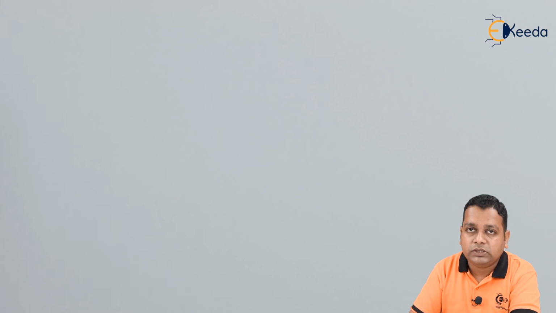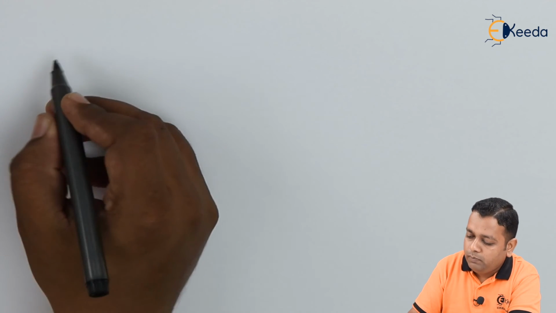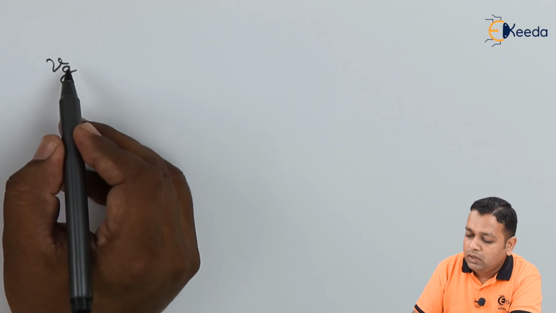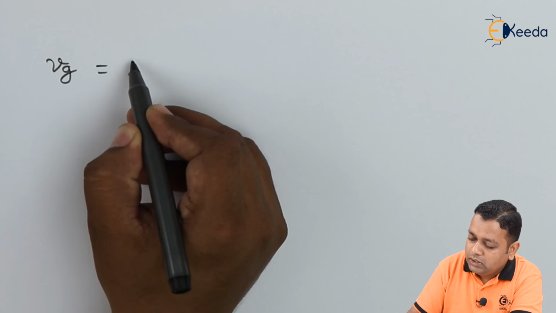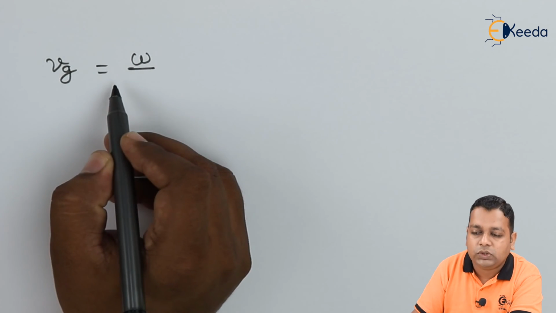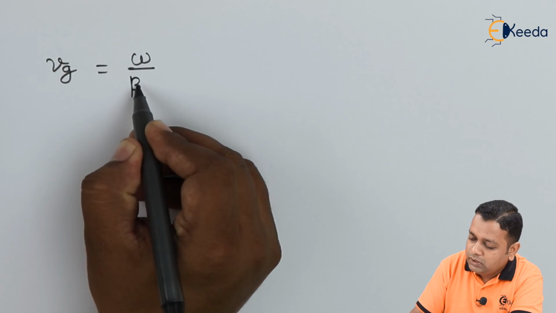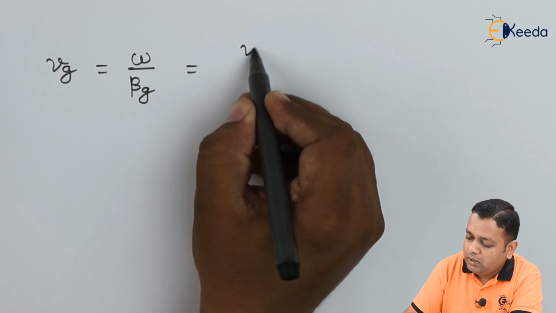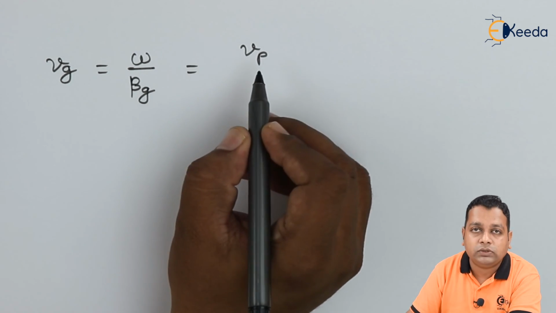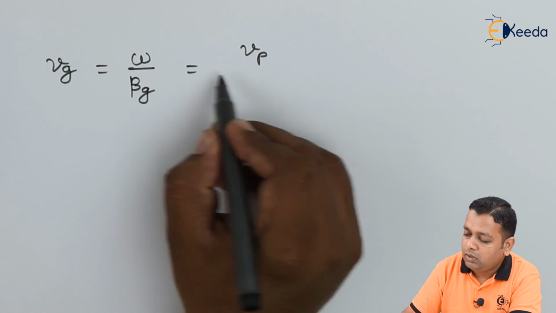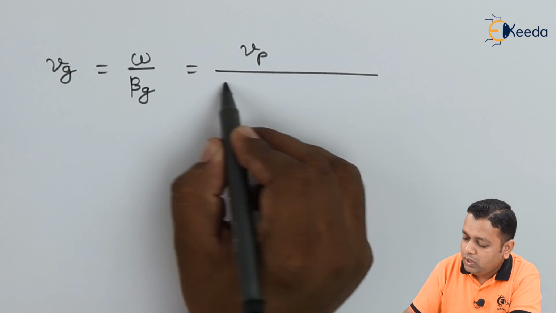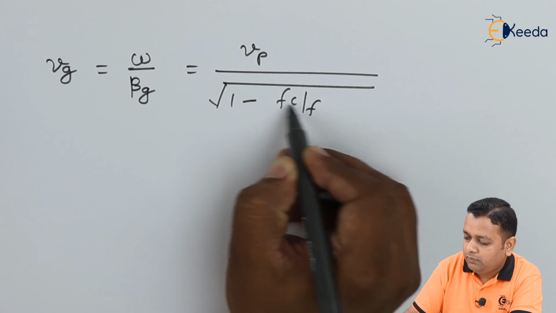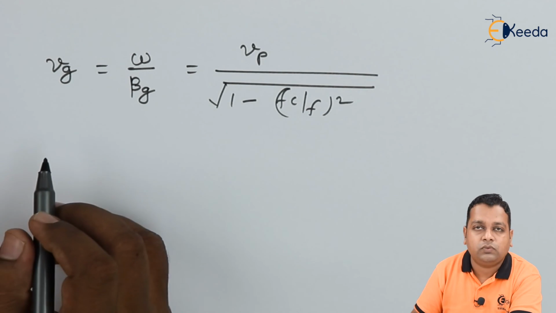After the cutoff frequency, we have the phase velocity inside the waveguide, represented by vg. It is the ratio of angular frequency omega to the phase shift constant beta g. So it is obtained as the phase velocity in the unbound medium divided by the square root of 1 minus fc by f, bracket squared.